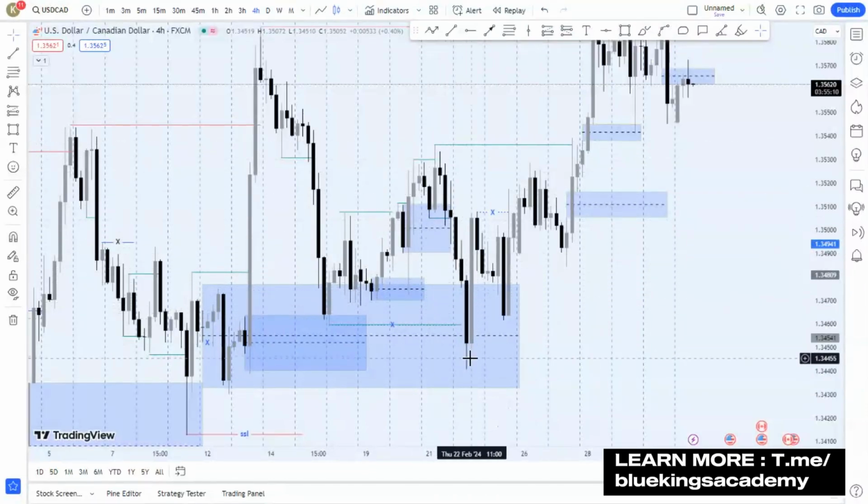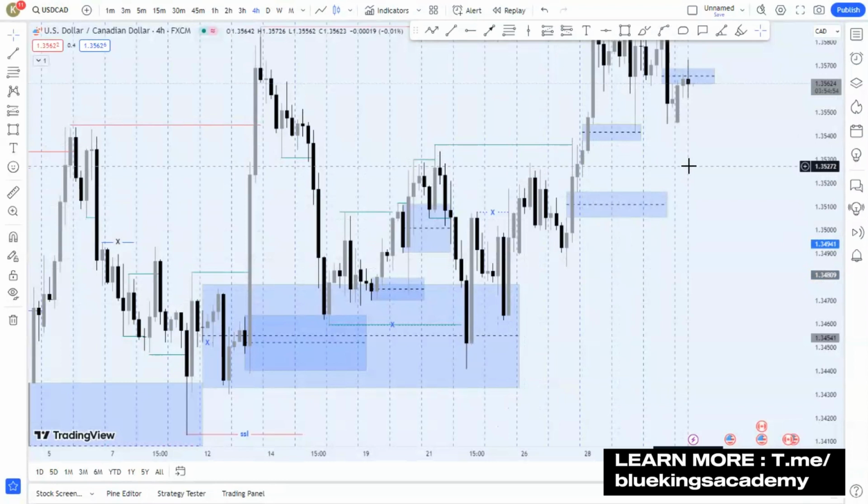So I waited until price was back on track. This is where price was back on track. This was the last high that was formed. It was formed on 21st February. So what happened is that until price breaks above this, I can't and I won't. I will never ever trust whatever I see the market do around this region.